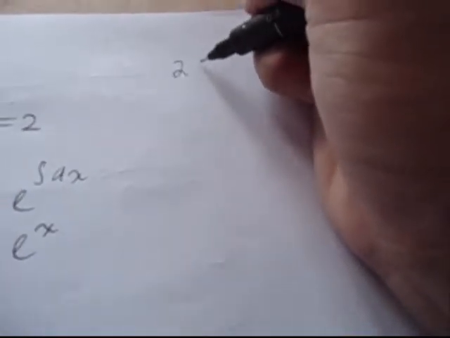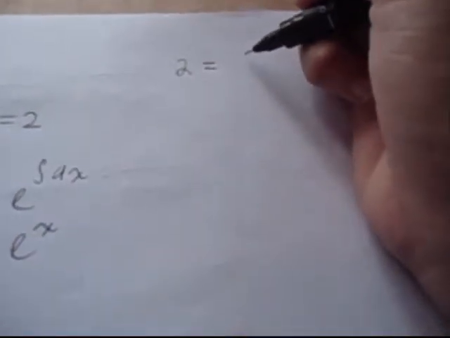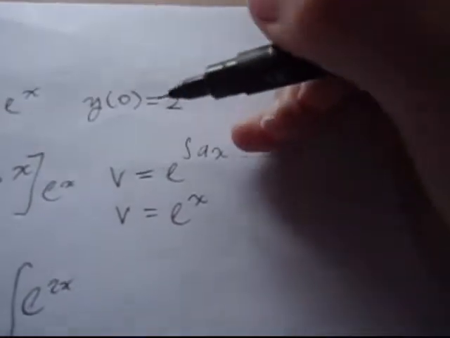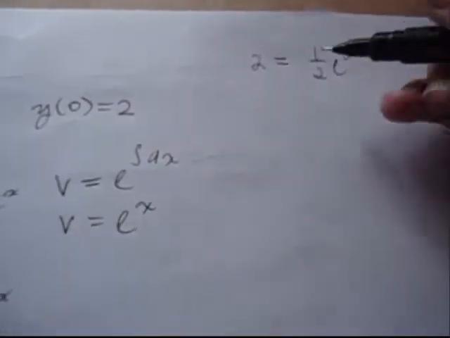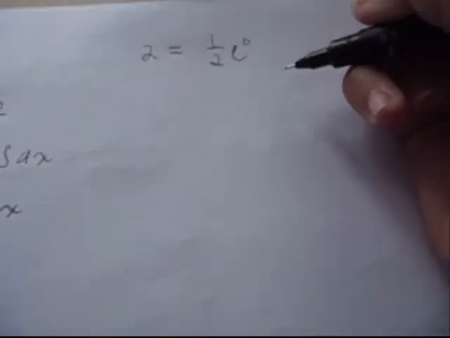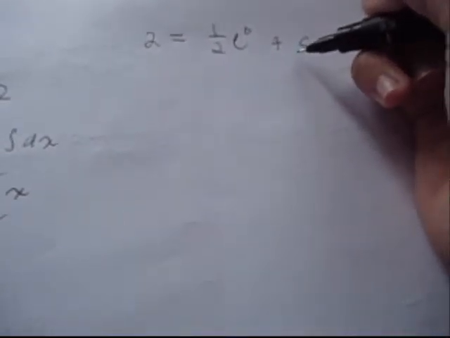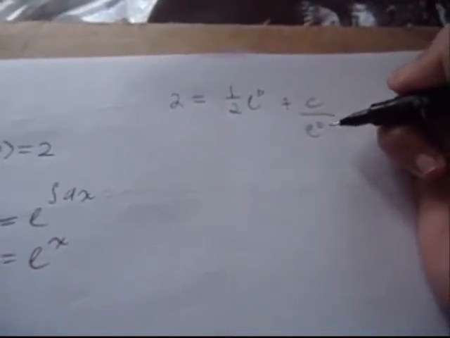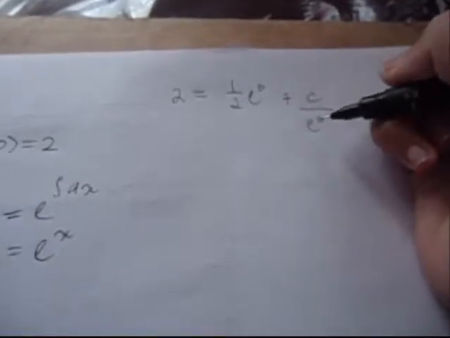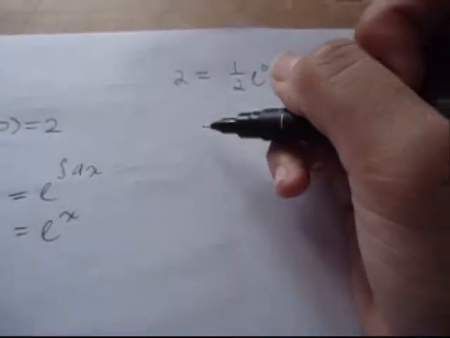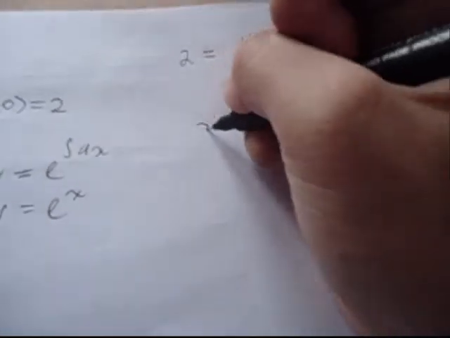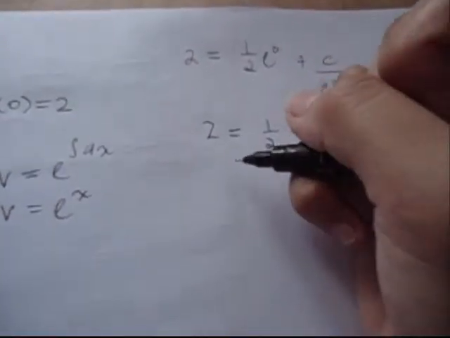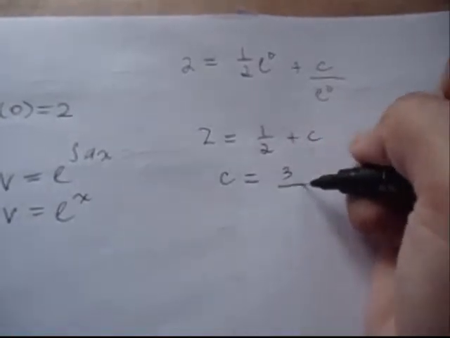So we have 2 equals 1/2 e to the power of 0, since the value of our y is 2 when x is equal to 0, plus c over e to the power of 0, and e to the power of 0 is 1. So we have 2 equals 1/2 plus c. So we have c equals 3/2.